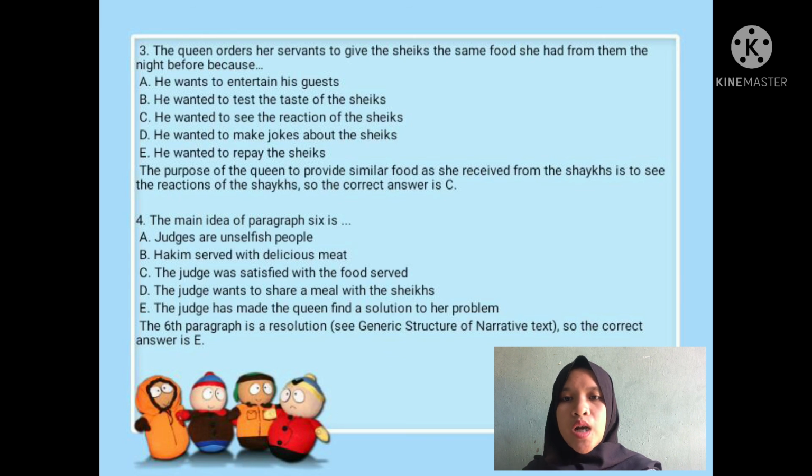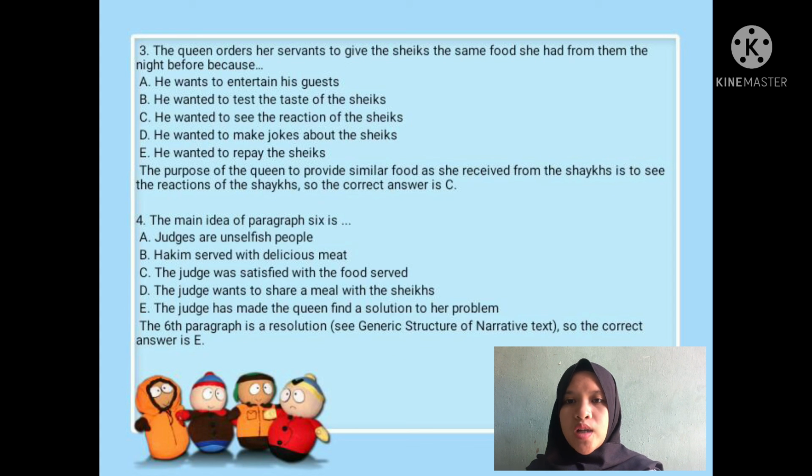And question 4. The main idea of paragraph 6 is blah blah blah. A. Judge as unselfish people. B. Hakim served with delicious meat. C. The judge was satisfied with the food served.